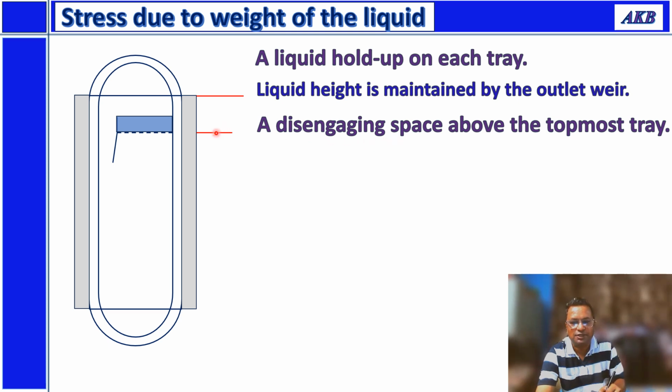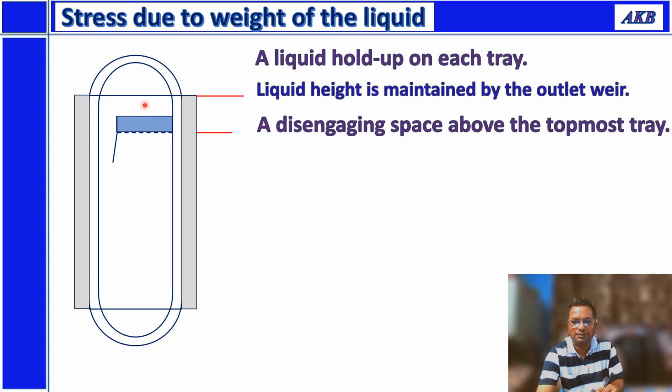Then I was talking about the disengaging space. What is this space? It is the distance from the topmost tray to the top of the shell. So within this space, vapor and the liquid, these two phases will be getting separated.